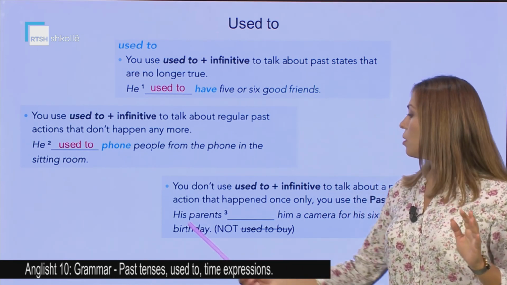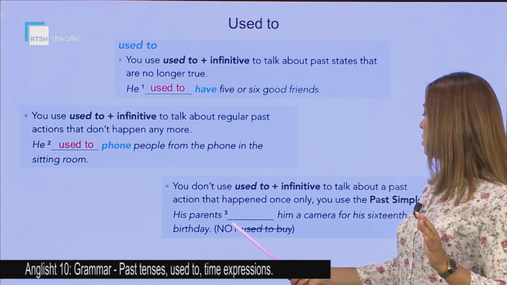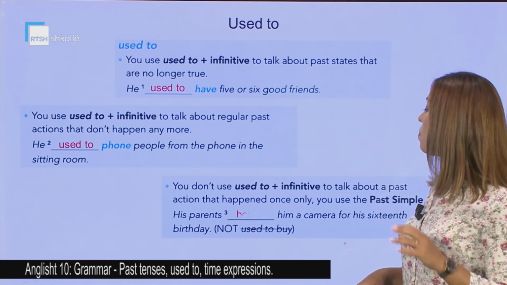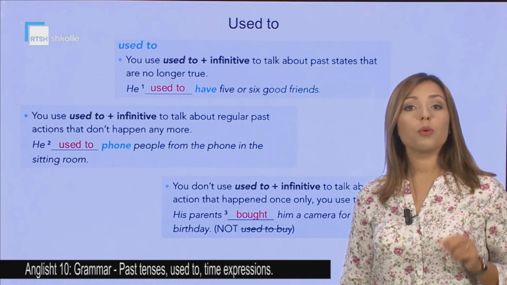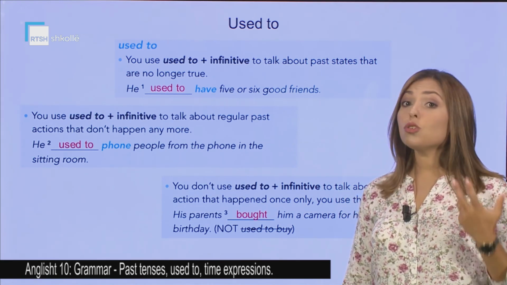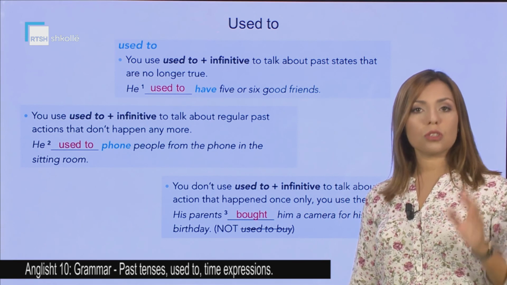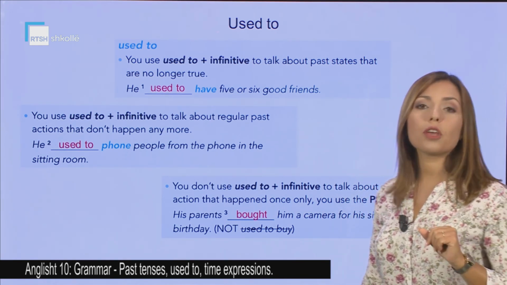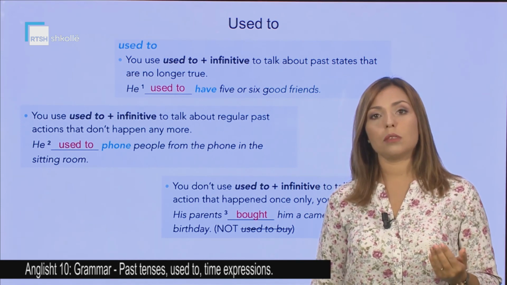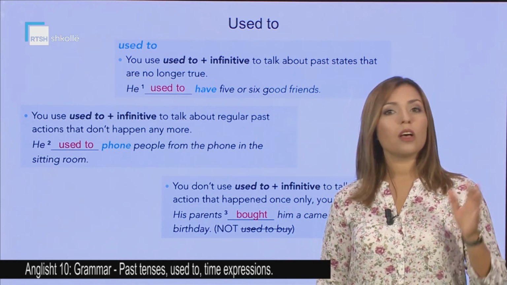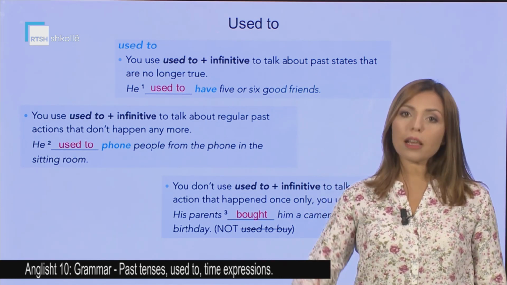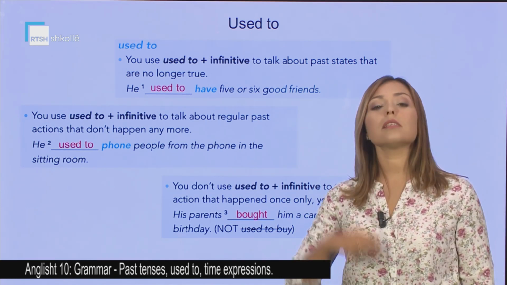For example, his parents, we have the verb buy. His parents bought him a camera. We are not going to say used to buy a camera, because they just bought the camera once for him, not many times.